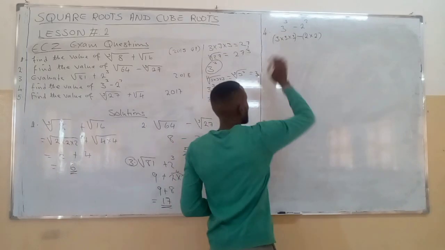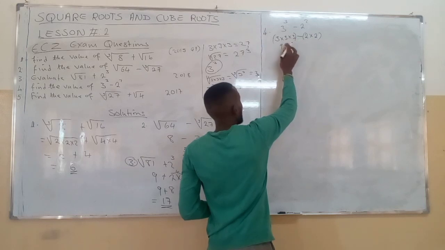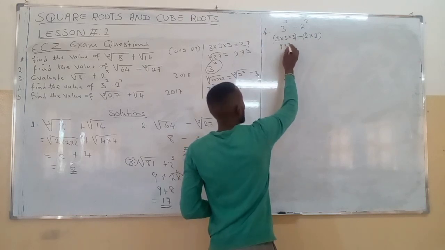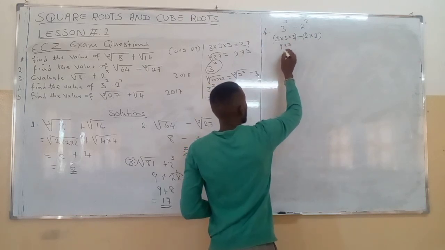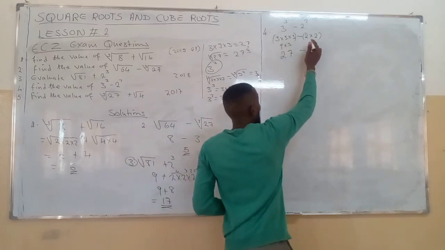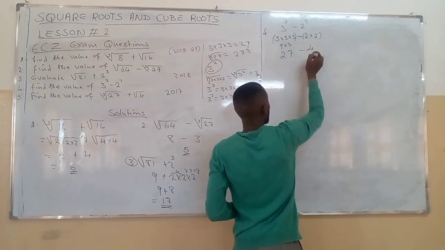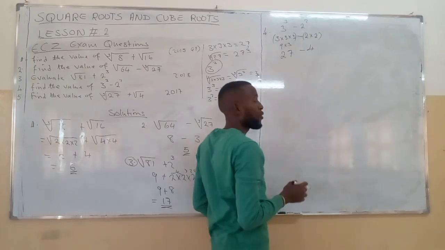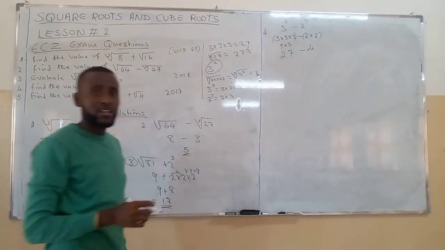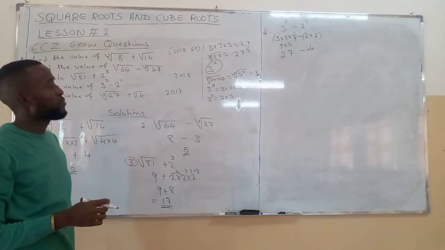So now you start simplifying. What is 3 times 3? It is 9. Times 3, we have 27. Minus, what is 2 times 2? It is 4. So we have 27 minus 4. If you write it in that manner, then you will not have a problem.